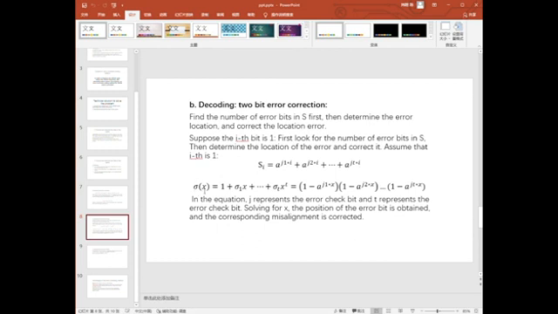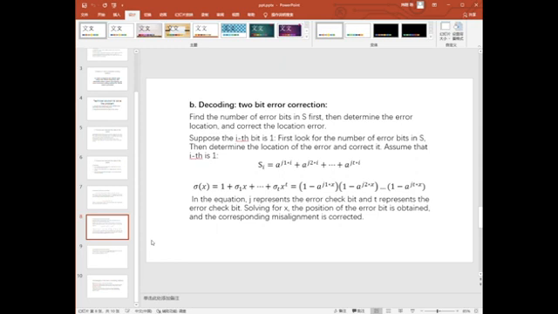Sigma of x is equal to 1 plus sigma 1 x plus, until, sigma t x to the t, and is equal to (1 minus a to the j1 times x)(1 minus a to the j2 times x), until (1 minus a to the jt times x). In the equation, j represents the error bit position and t represents the number of errors.